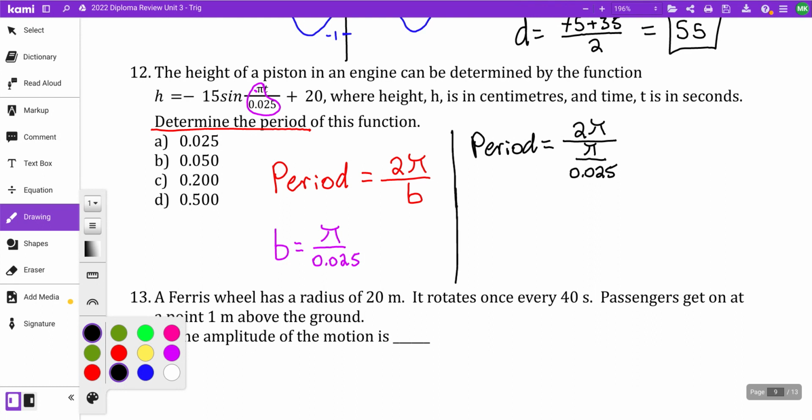It's going to be 2 times 0.025, which I don't know what that is. So you want to try throwing it in your calculator? 0.05. 0.05? Oh, yeah, that makes sense. 0.05. Okay, 0.05.